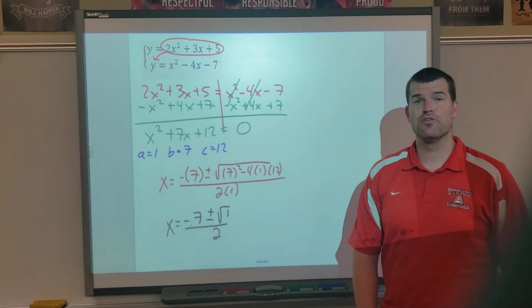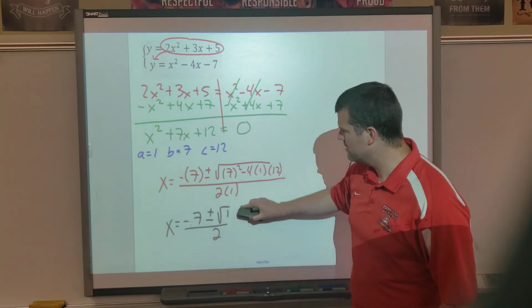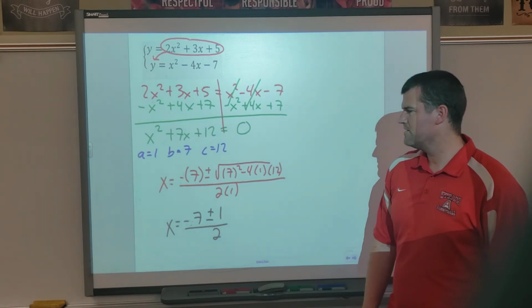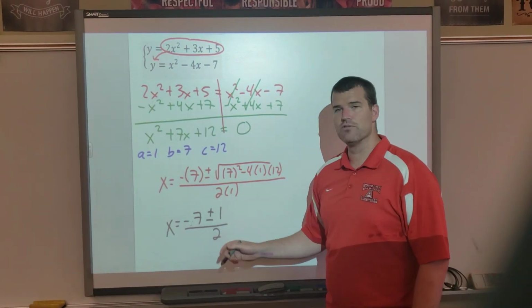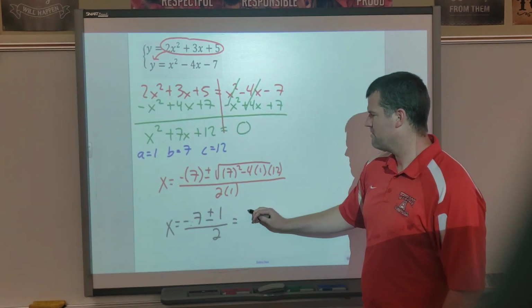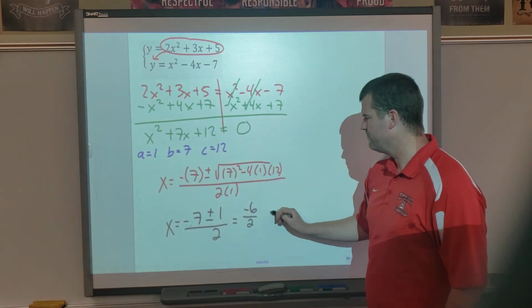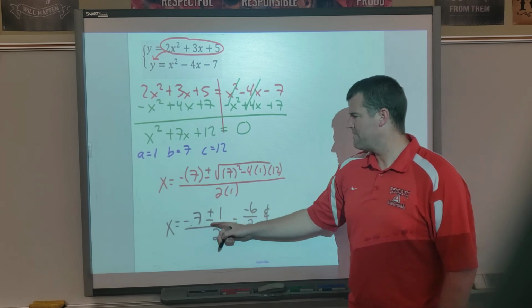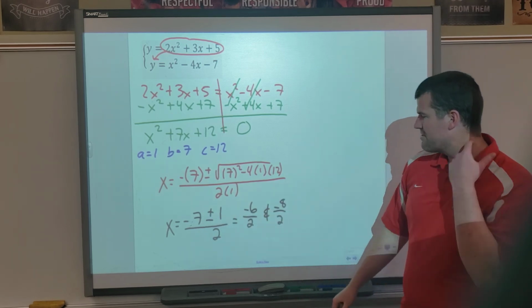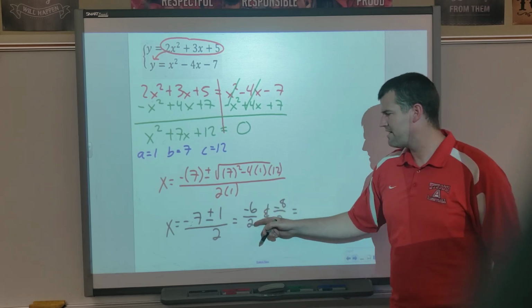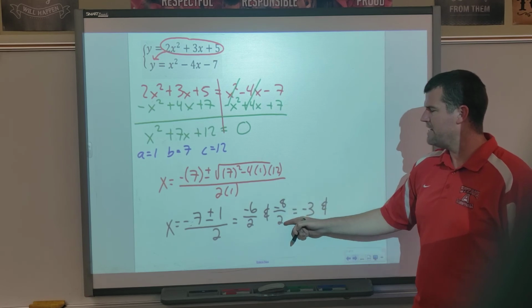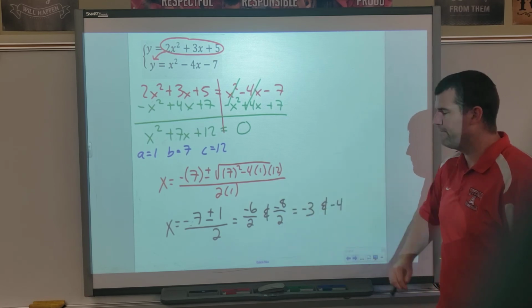And what's the square root of 1? Well, it is a regular 1. So now we've gotten all the way down to -7 plus or minus 1 over 2, which is the same as -7 plus 1, so -6 over 2, and -7 minus 1, which is -8 over 2, which simplifies. -6 over 2 is -3, and -8 over 2 is -4.